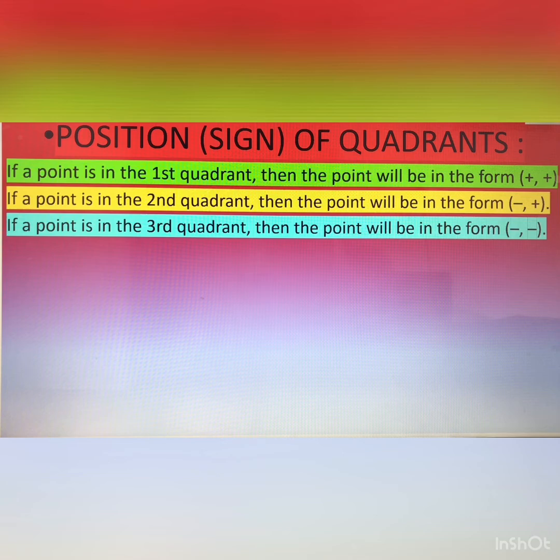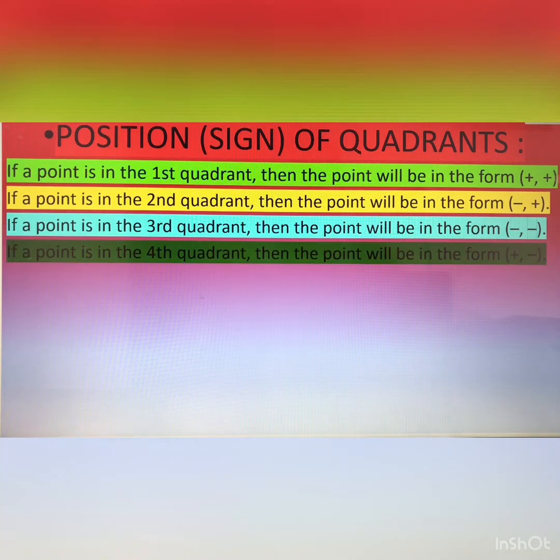If a point is in the third quadrant, then the point will be in the form minus comma minus, means both coordinates will be negative.